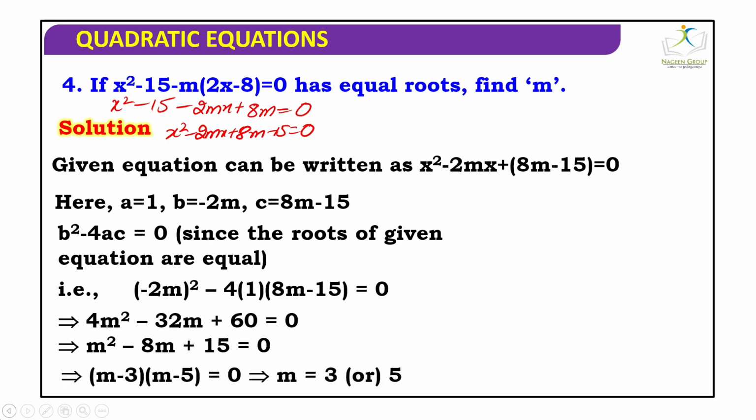Factorize it. You can write it as m² − 5m − 3m + 15, right? Multiply to get 15 and add to get 8. We take m common: m(m − 5) − 3(m − 5). The complete factorization is (m − 5)(m − 3), and we have two roots. The value of m will be 3 and 5.